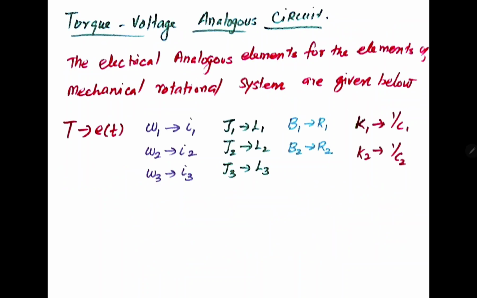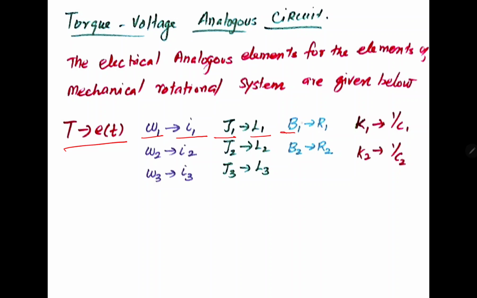Now I'm going to write the equivalent parameters of torque and electrical. So torque is equal to the voltage source, angular velocity is equal to current, and moment of inertia is equal to L1, that is inductance.